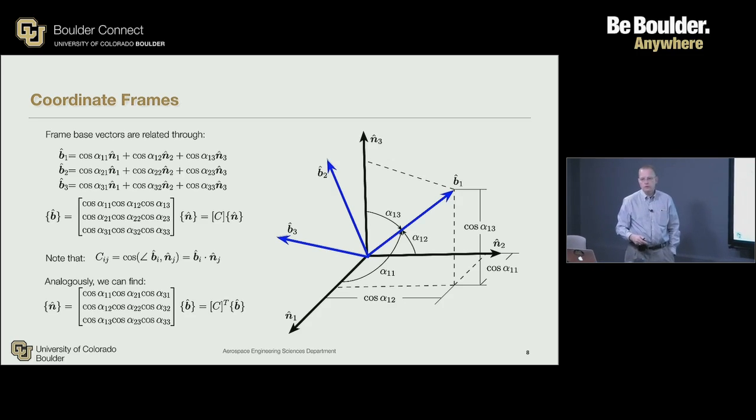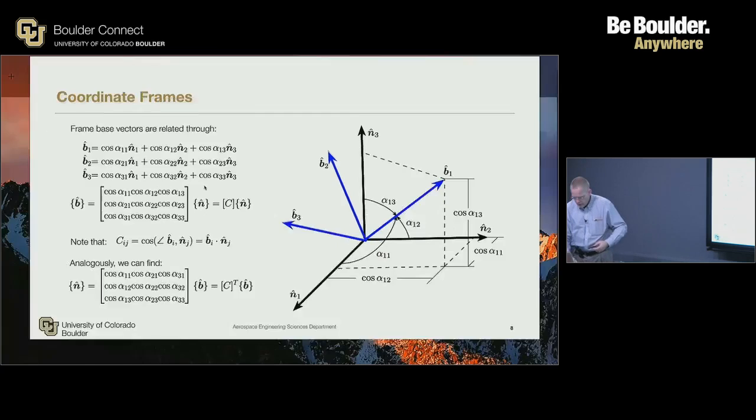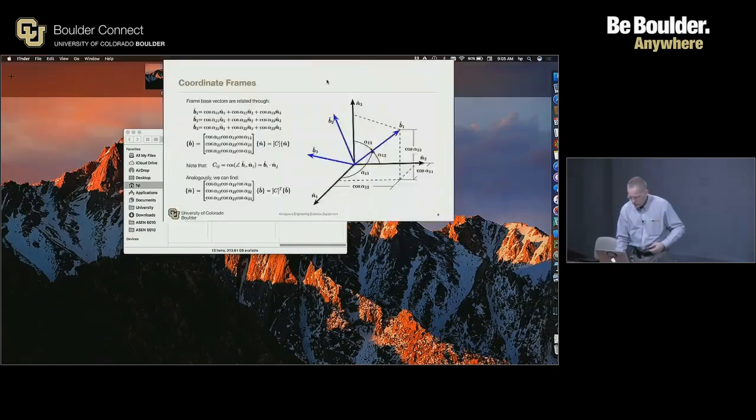Tell me the ones are... Right, because then if N1 is equal to B1, this is going to be cosine of 0, which is 1, and everything else is orthogonal to 0. You just end up with a diagonal matrix. So the zero rotation isn't just a 0, 0, 0, 0, 0, 0, 0, 0, 0. That wouldn't make sense because it's not orthogonal. You can't invert it. There aren't unit lengths. So the zero rotation is an identity matrix. That's what you have to remember, right? Good. So let's go back. Oh, actually, I was here.